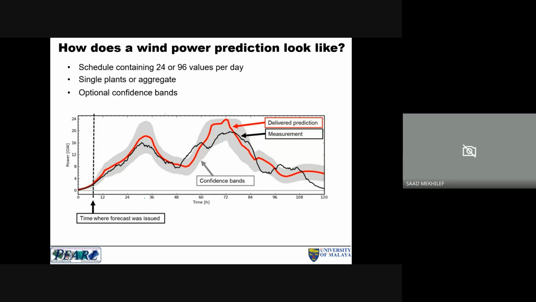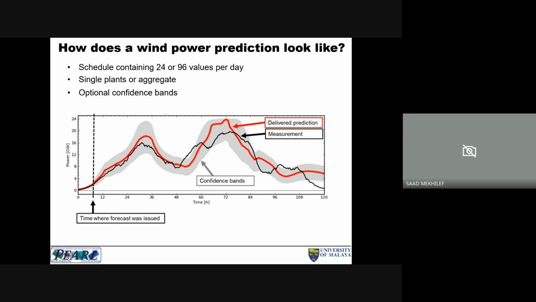For example, a schedule containing maybe 24 to 96 values per day, for a single plant or aggregated. Then you have a confidence band, which is like a margin of error. Here is the measured, and this is the delivered prediction.